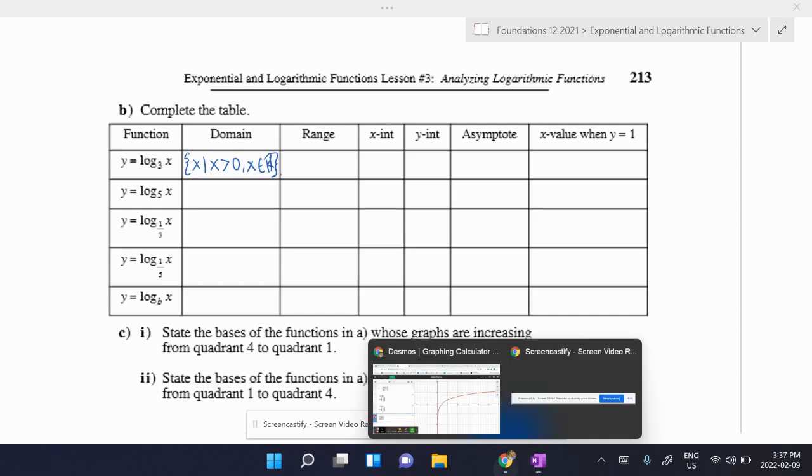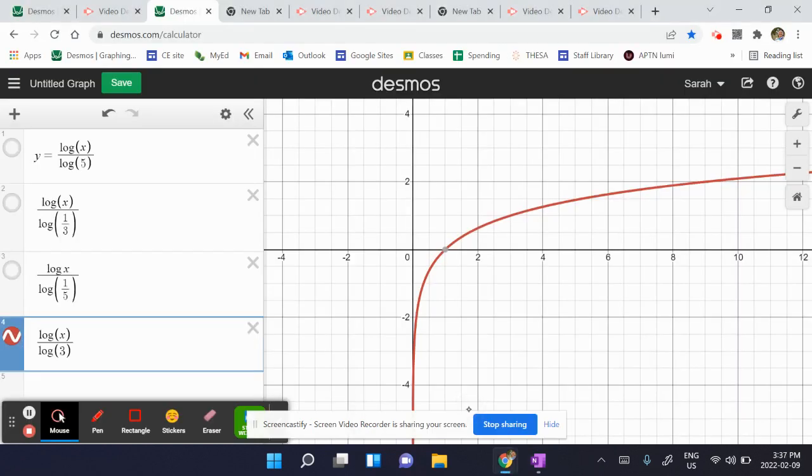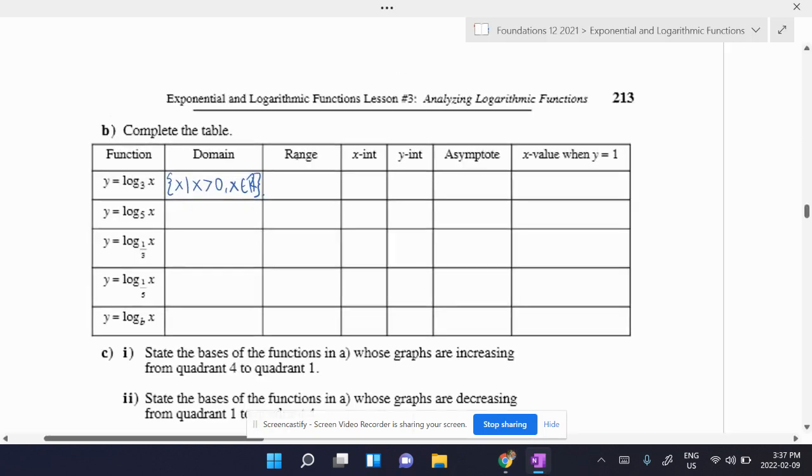Your range, what y can be equal to. So if y is 4, that'll eventually be on that line. If y is -2, it's on that line. It can be anything on that line. Y can be anything, as long as it's real.